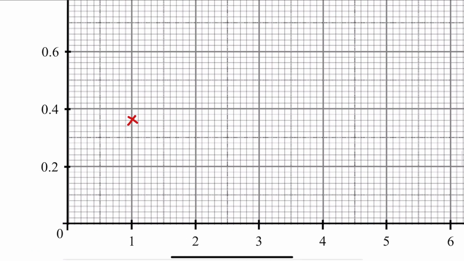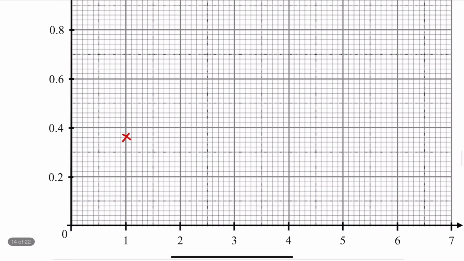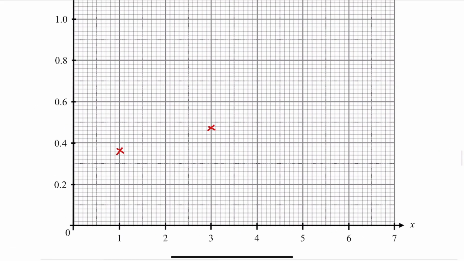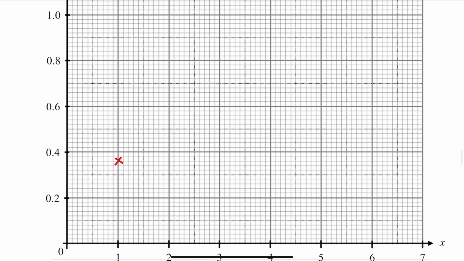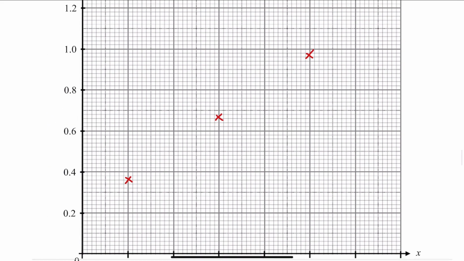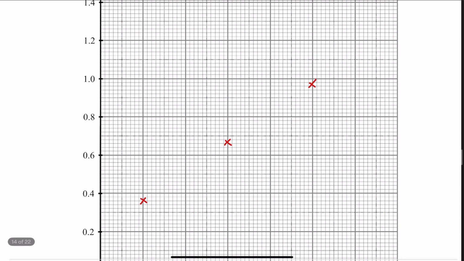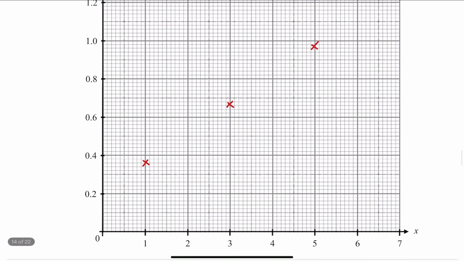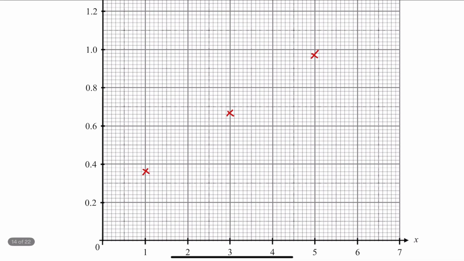My points may not be the most accurate because I'm using my iPad, so it's a bit hard to get the accurate values. 5 is somewhere around here. 7, somewhere around 1.3.